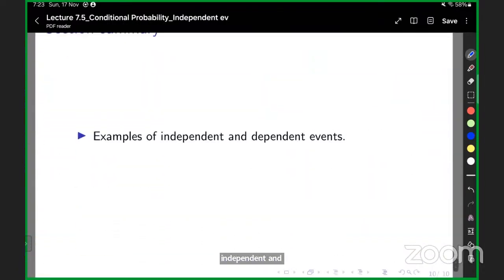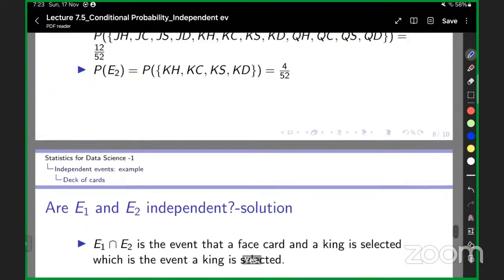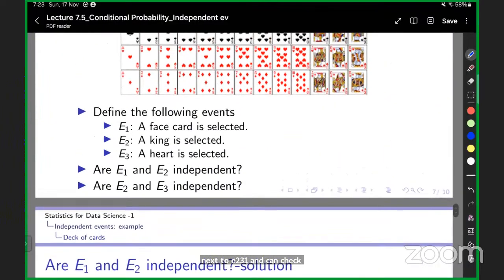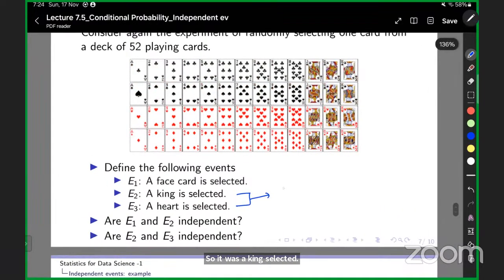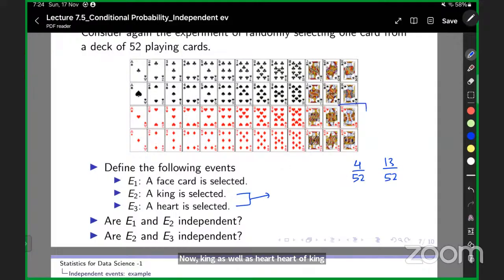Now whether E2 and E3 are independent or not, we can do that. Let's do E2 and E3 and we can check also. So E2 is a king selected. King can be selected in 4 ways, right? 4 by 52. Heart is selected. Heart can be selected 13 ways out of 52. Now king as well as heart, the king of hearts, how many ways can you do that? 1 way out of all the 52.